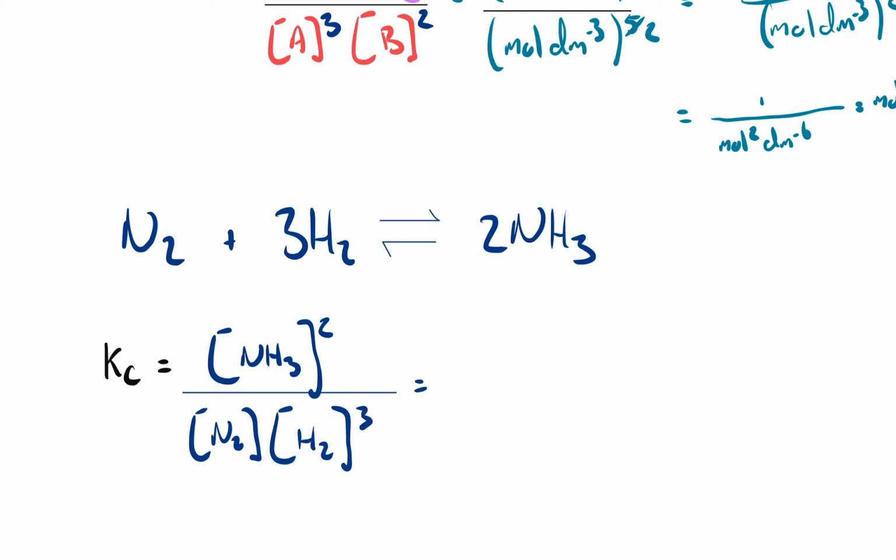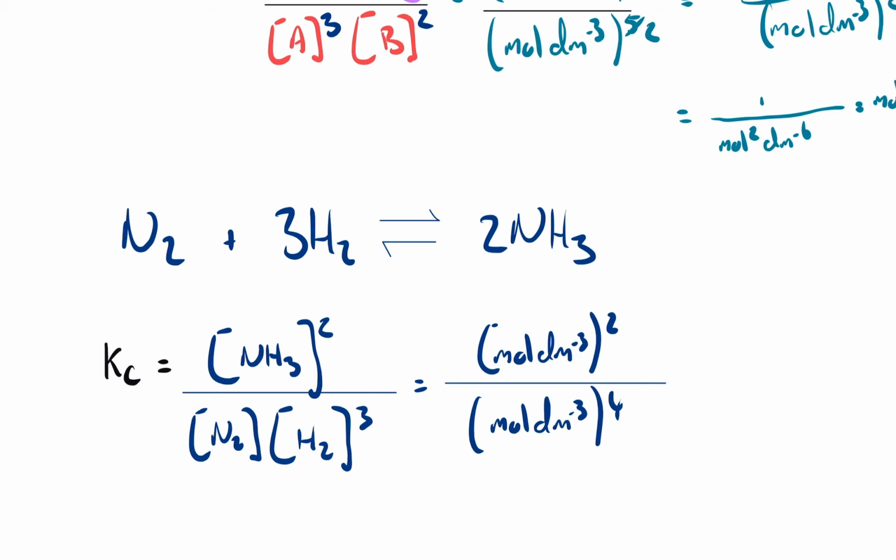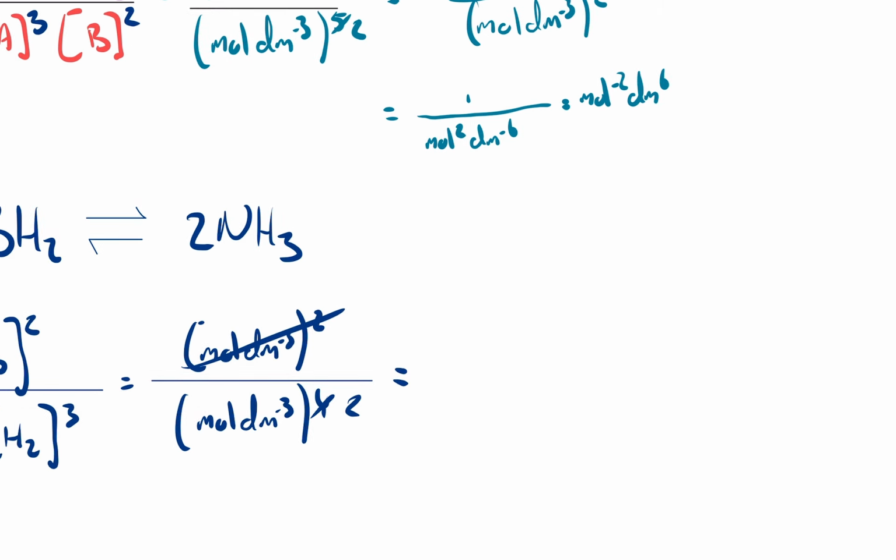Next we need to work out what our units are. We've got 2 lots of moles per decimetre cubed on top, and we've got 1, 2, 3, 4 on the bottom. So all of these cancel. We're only left with 2, which is equivalent to 1 over moles per decimetre cubed.